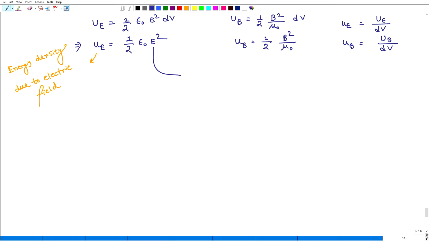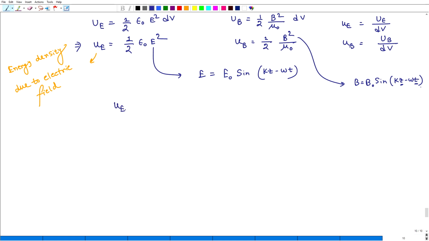The electric field has the form E naught sin(kz minus omega t), and the magnetic field also has a form like this, B naught sin(kz minus omega t). So, both are functions of time and position. So, it is oscillating, right? So, we have to take the average value. Then, what will be the average value? That is very important.